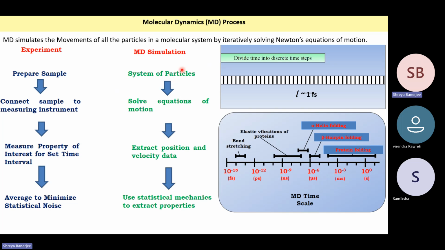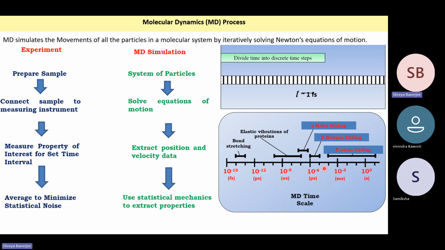Each of the protein molecules has a certain position and velocity, and it will follow Newton's laws of motion. So we have to solve those to extract the position and velocity of each particle at a certain time. And then we have to use statistical mechanics to extract different properties of the system. So the molecular dynamic simulation flowchart will follow like this.